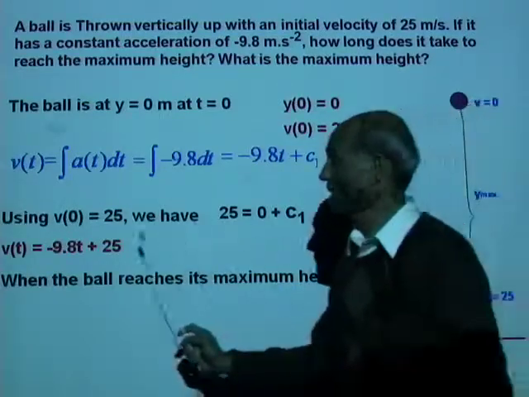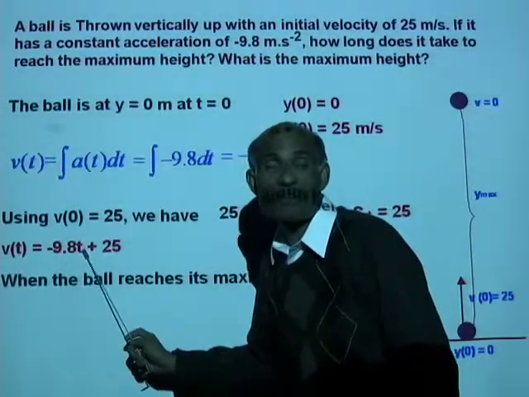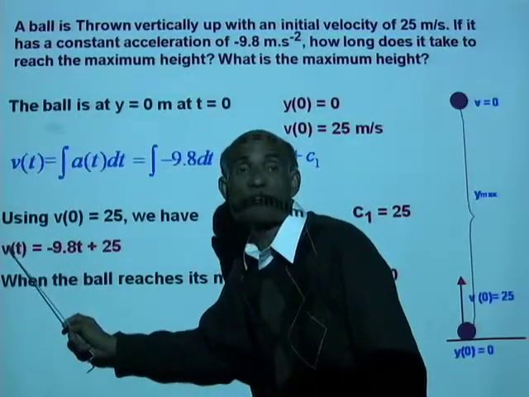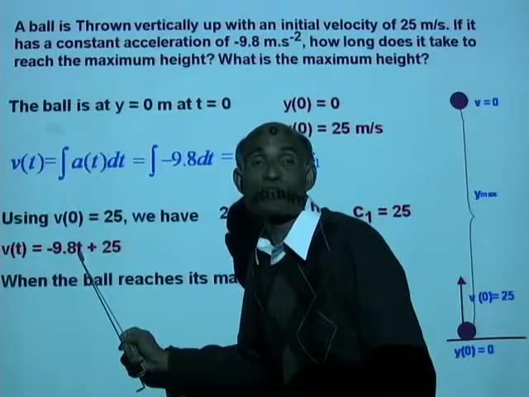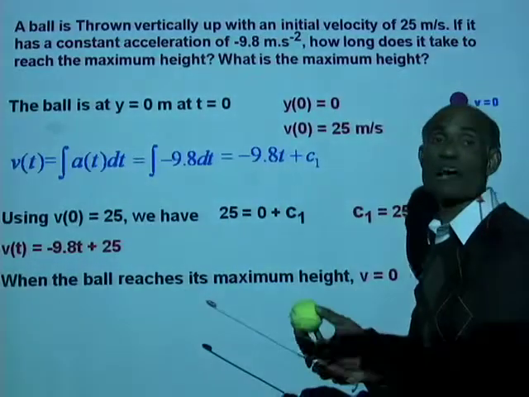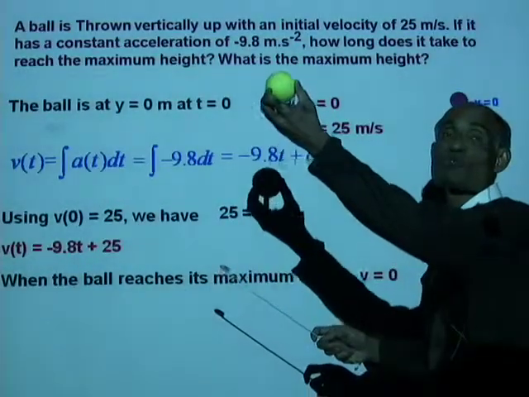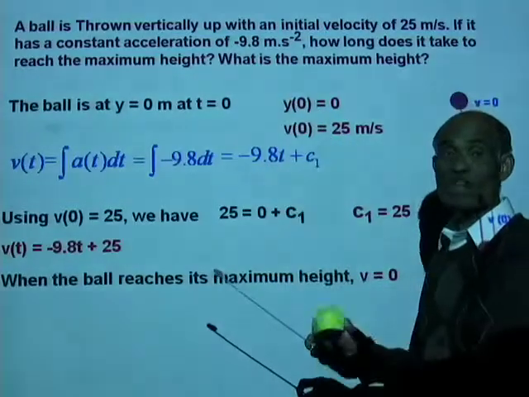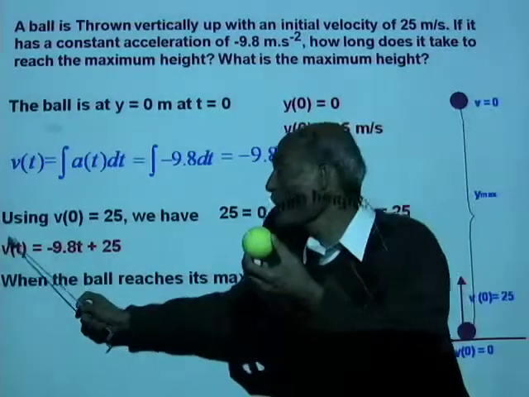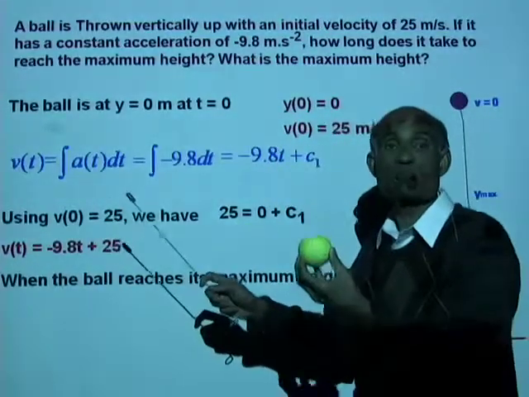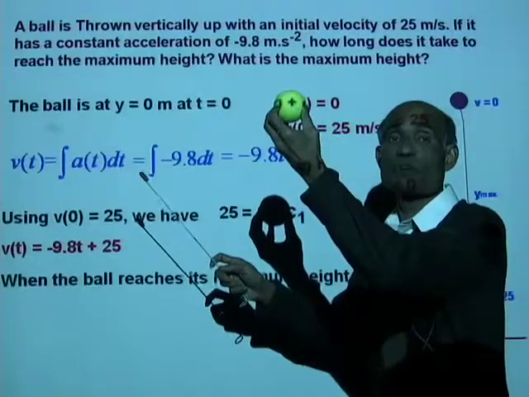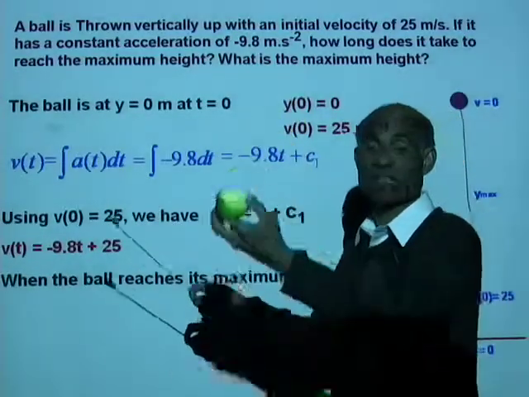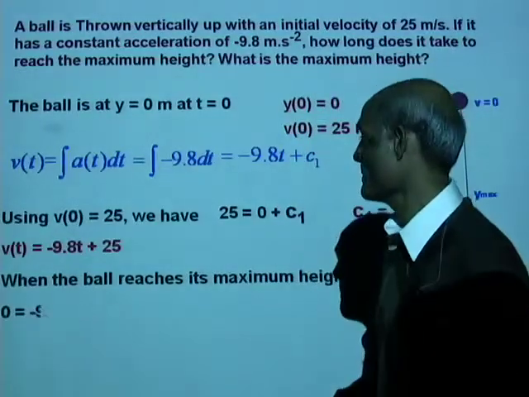So what we can do is, we can go to the velocity function and put the velocity equal to 0 and solve for t. It will give you the time taken by the ball to reach the maximum height. What is the time taken for the velocity to become 0? The time taken for the velocity to become 0 is the time taken by the ball to reach the maximum height. Okay.